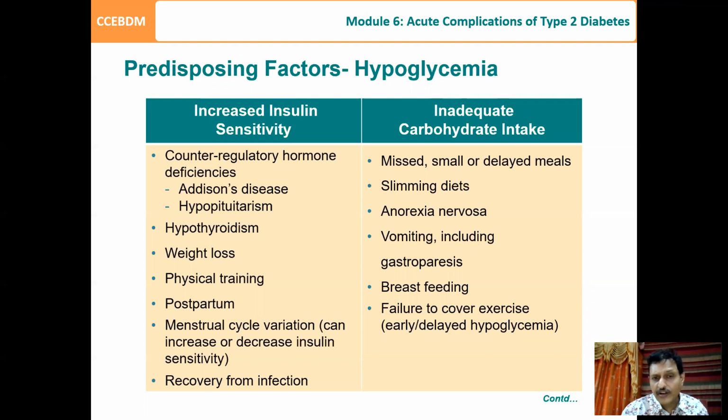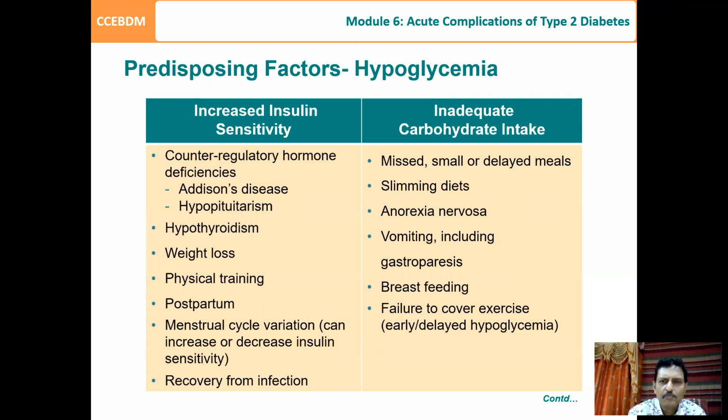When someone is recovering from infection, say the patient who had pneumonia used to receive 60 units of insulin. Now when he starts recovering from infection, the requirement will go down, and if you are not down titrating the insulin dose, there's a possibility of hypoglycemia.